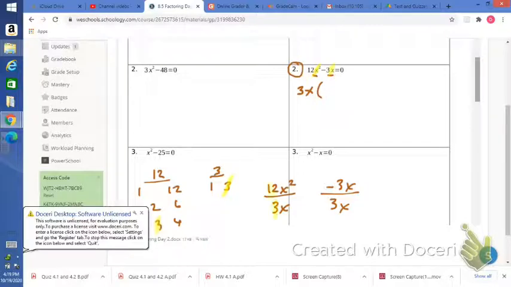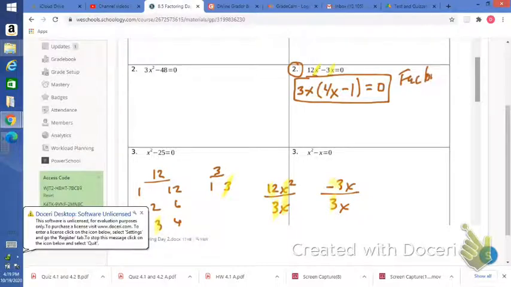Alright, so 12 divided by 3, that's going to give us 4. X squared divided by x, that gives us an x. Negative 3 divided by 3, that's a negative 1. X divided by x is 1, so negative 1 equal to 0. So this is factored form.